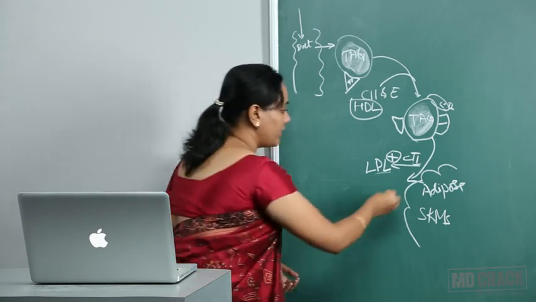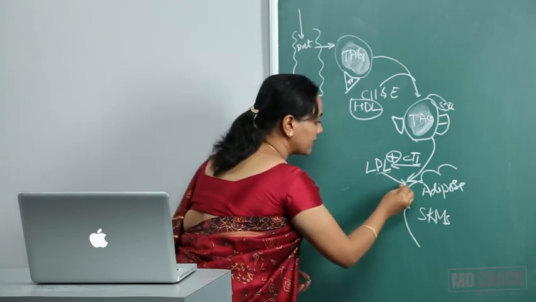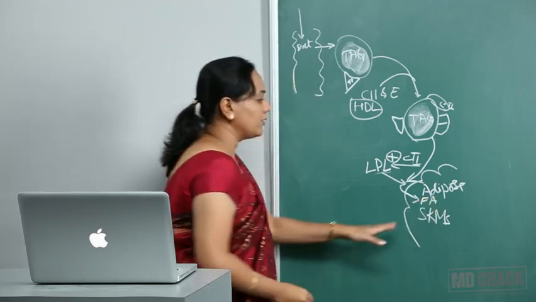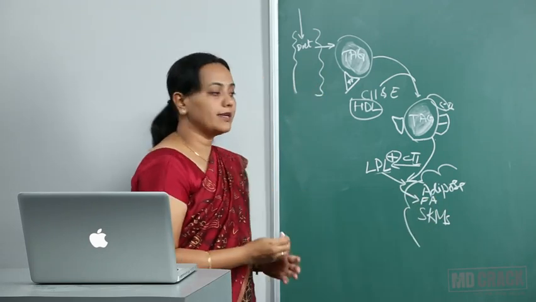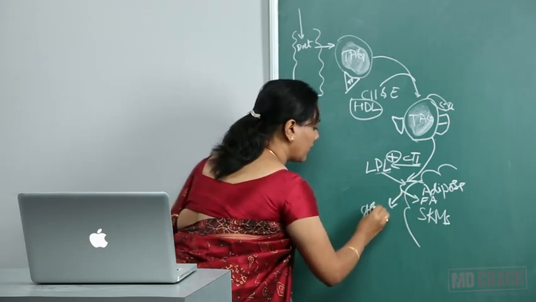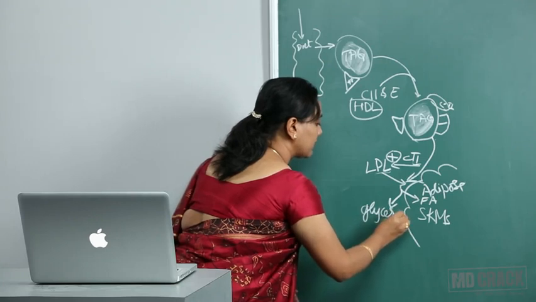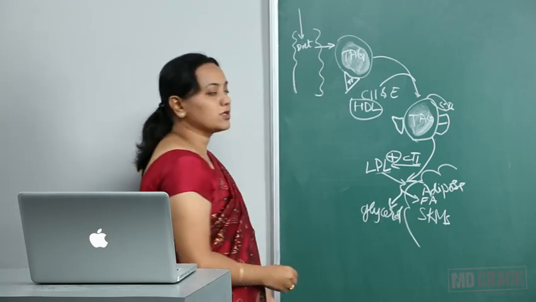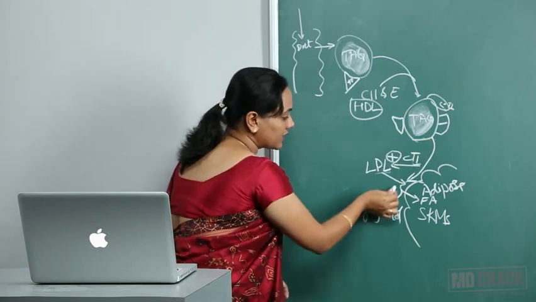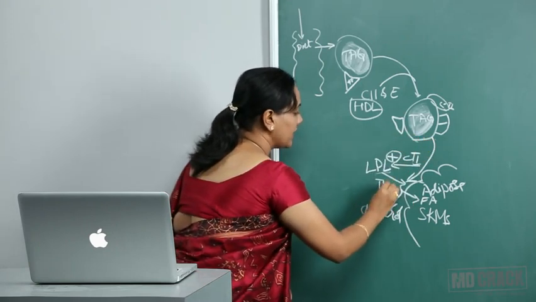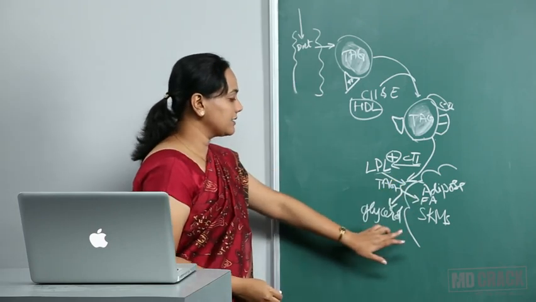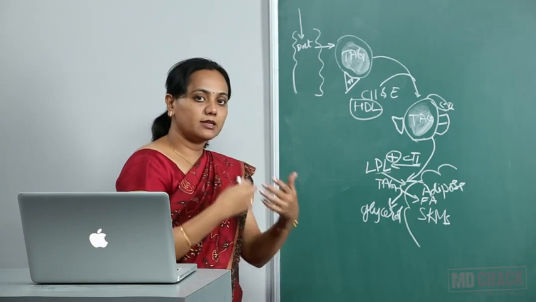The lipase will degrade this and release fatty acids into the adipose tissue and the skeletal muscle, and also forms glycerol. This glycerol goes to the liver. So now this chylomicron has been broken and has given out its fatty acids and glycerol to various tissues.